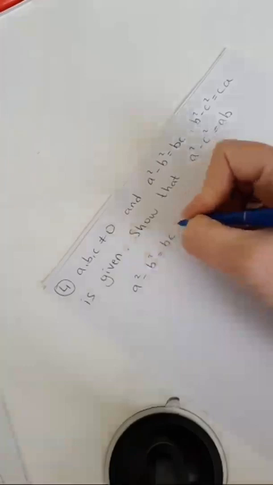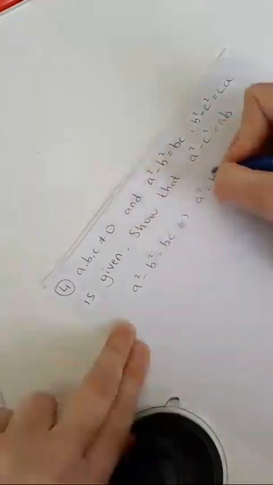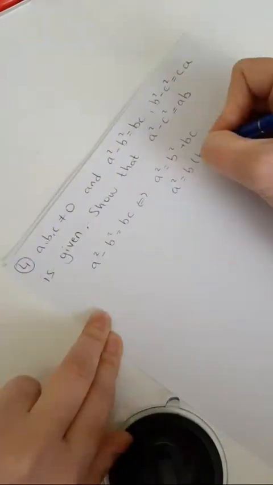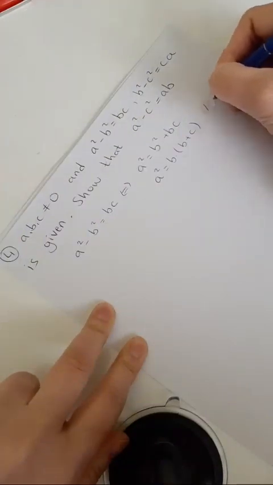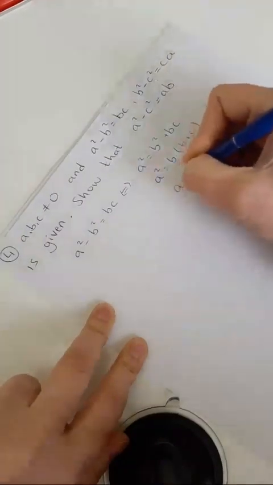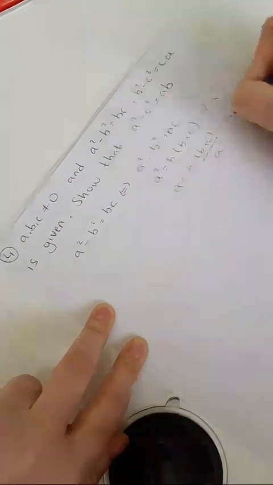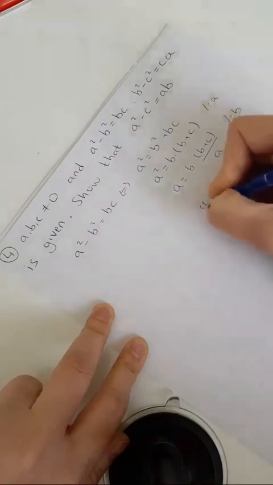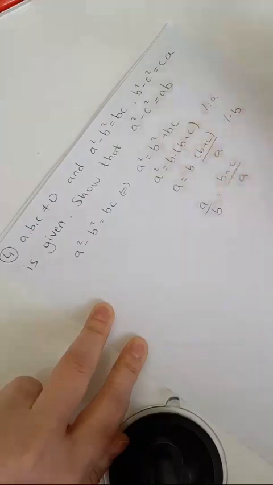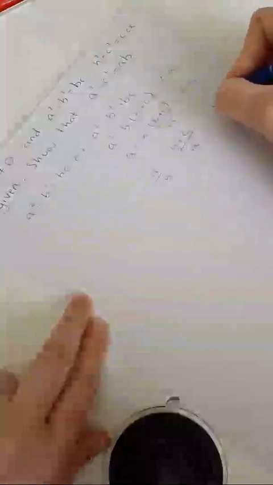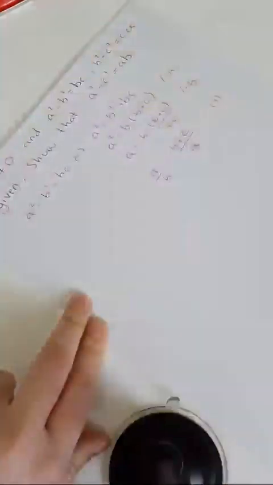Take b squared to the other side, I will get a squared is b times (b plus c). If I divide by a, I will get a is equal to b times (b plus c) over a. I will divide now by b, so I will get a over b is equal to (b plus c) over a. Let's name this equation 1.